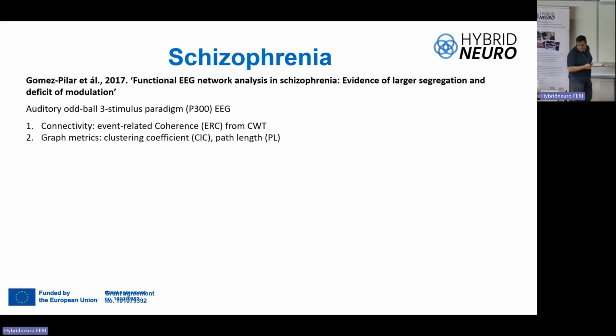Schizophrenia. In schizophrenia patients, this article was about an auditory oddball. Remember, different tones that you listen to many times. Target tones, the probability could be 30%, 30%, 30%, to 20%, in order to be or not be the target.